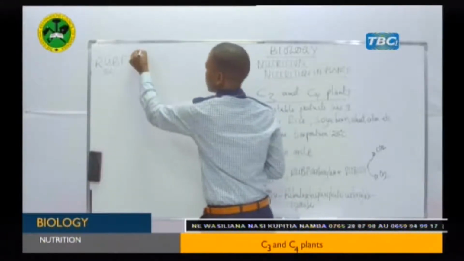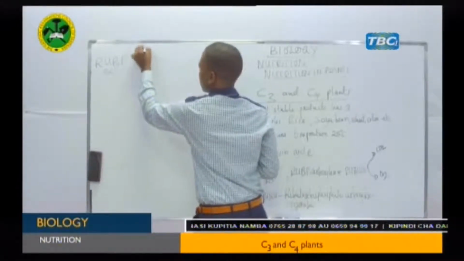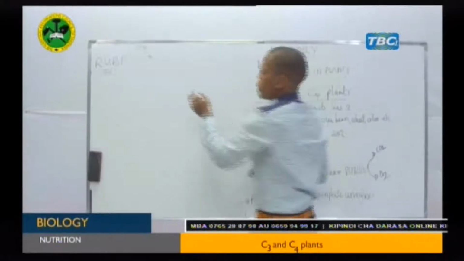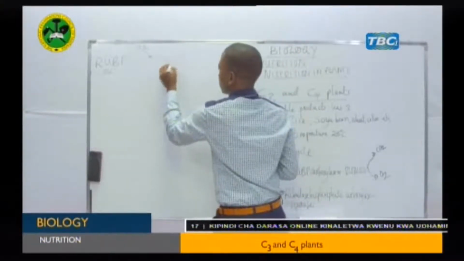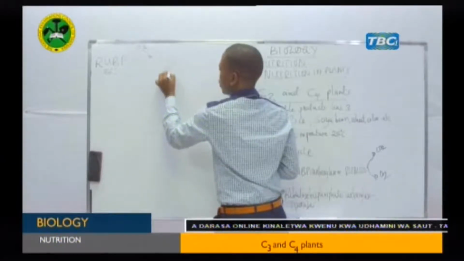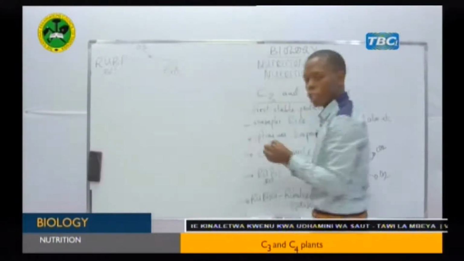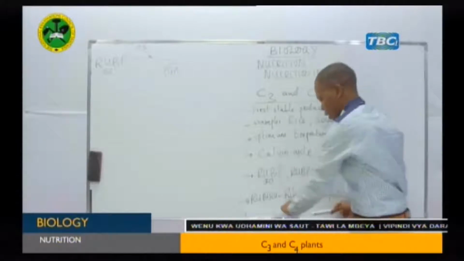Once it accepts oxygen, it forms one molecule of a 3 carbon compound known as PGA, phosphoglyceric acid.